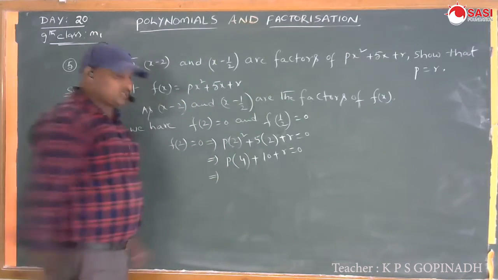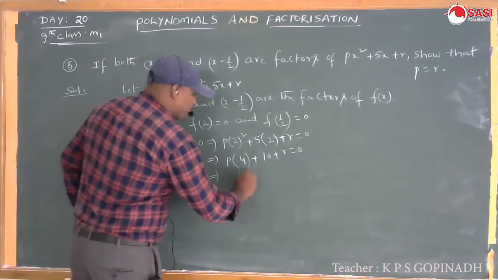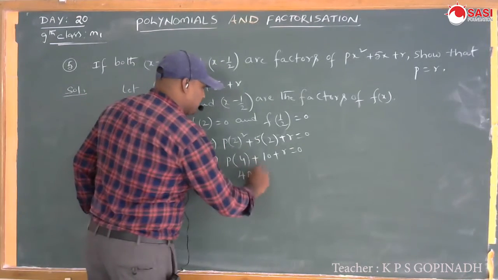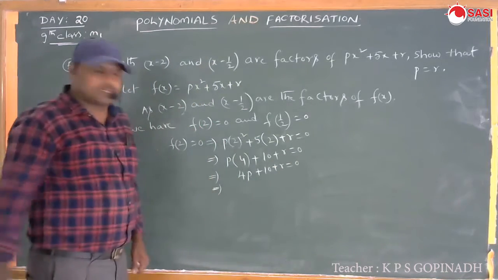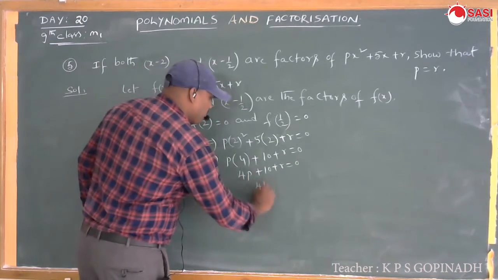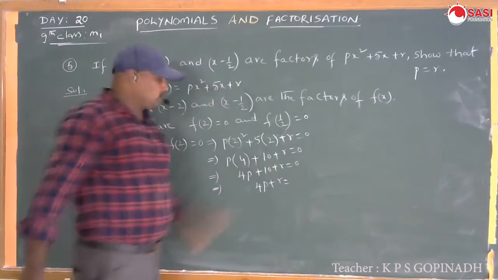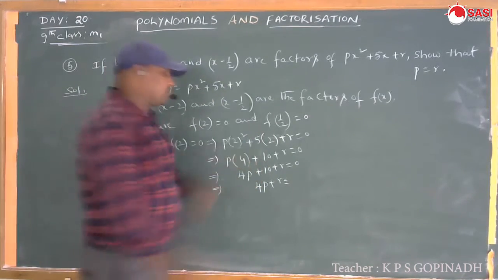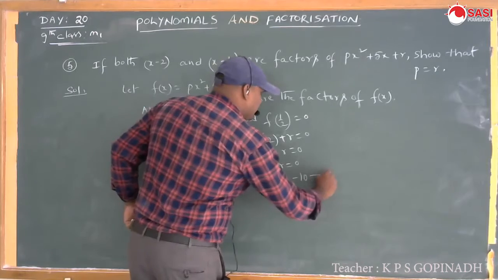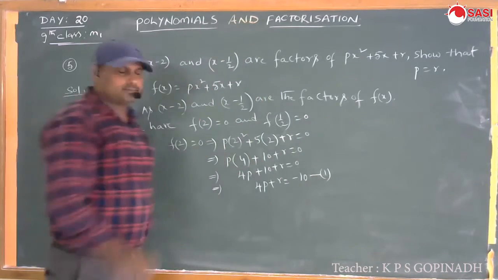That implies 4p plus 10 plus r is equal to 0. That implies 4p plus r is equal to minus 10, sending the constant 10 from LHS to RHS. Let this be equation 1.